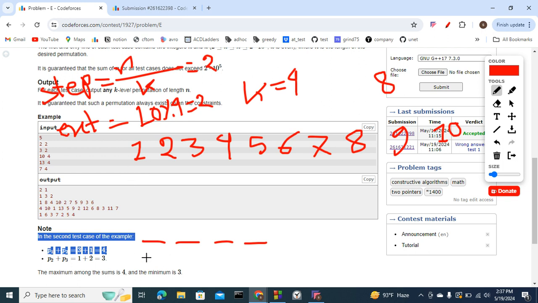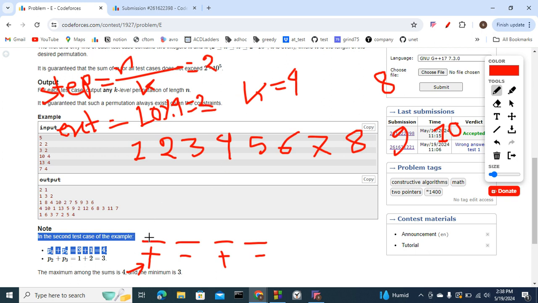Let's say this will always increase, this will decrease, this will increase, this will decrease. Some positive parts will have an extra 1, and some negative parts will also have an extra 1.